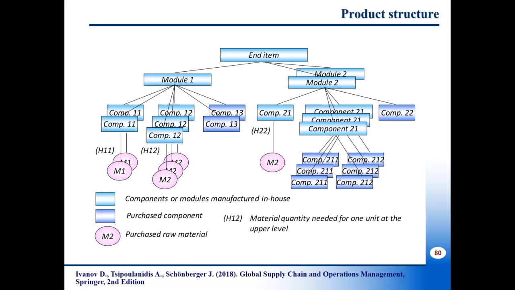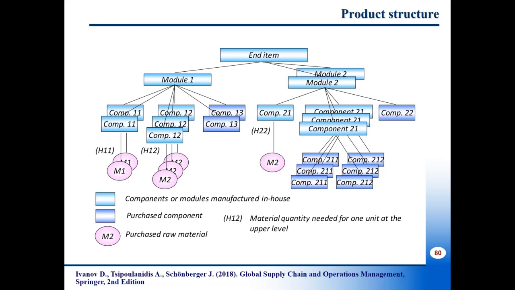The listing in the bill of materials is hierarchical. It shows the quantity of each item needed to complete one unit of each parent item. The nature of this aspect of a bill of materials is clear when you consider a product structure tree, which provides a visual depiction of the sub-assemblies and components needed to assemble a product. The end item or the finished product is shown at the top of the tree.